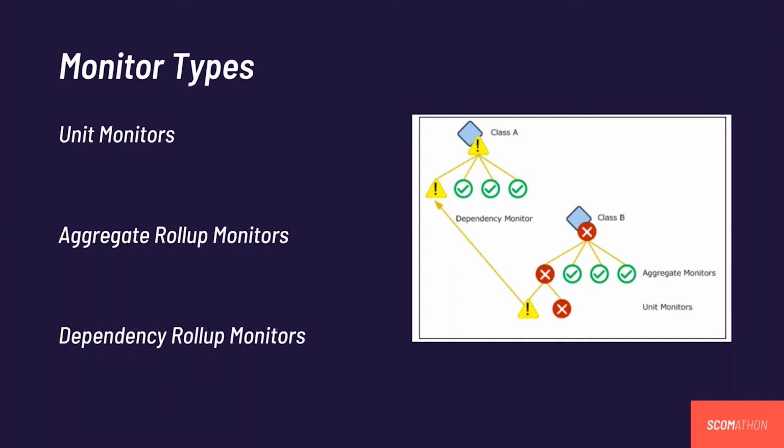SCOM does not necessarily know the relation between these classes always. Take an example of just Windows Server, right? There's a Windows Server class, and there are instances of it. And then there's a logical disk class, like I said, and there are instances of it. Then there's a network adapter class, and there are instances of it. And so SCOM does not see a server as a complete entity. This is the server, this is the logical disk, this is the network adapter.